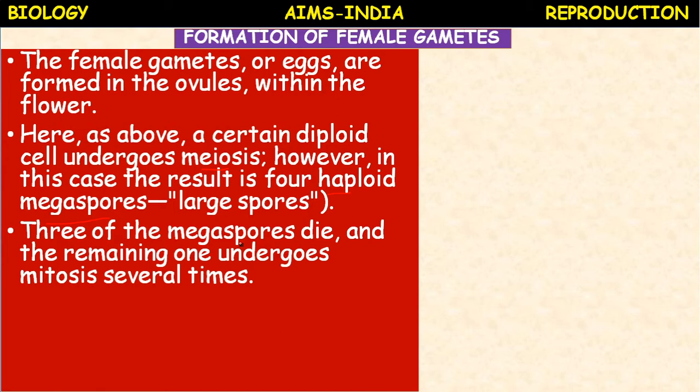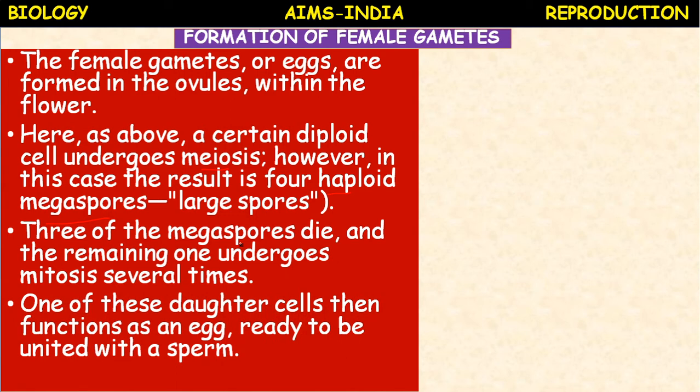Three of the megaspores produced by meiosis die, and the remaining one undergoes mitosis several times. One of these daughter cells then functions as the egg cell, which is ready to unite with the sperm cell. So here the concept is given directly.